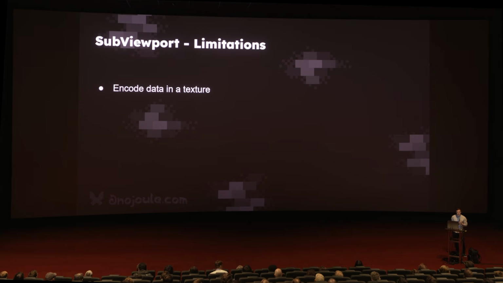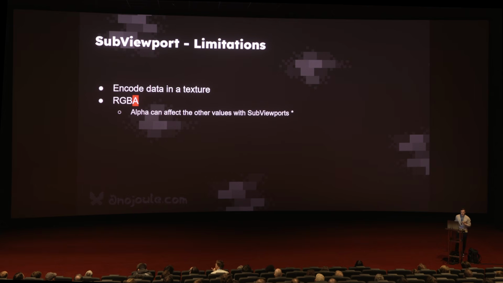You need to encode the data in a texture. So we have RGB and A channel, where I marked A as red, because in my experience, the alpha can affect the other values when rendering it into the subviewport texture.